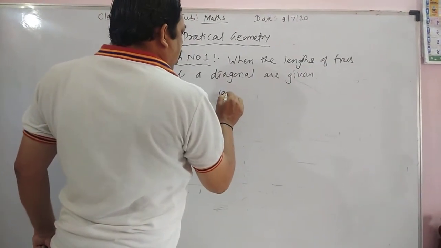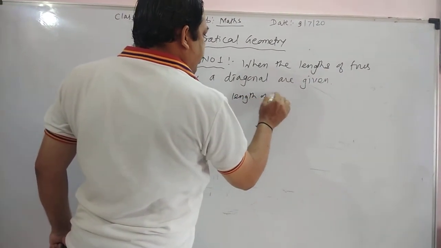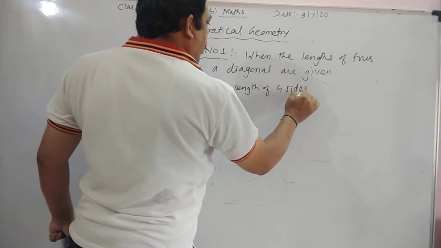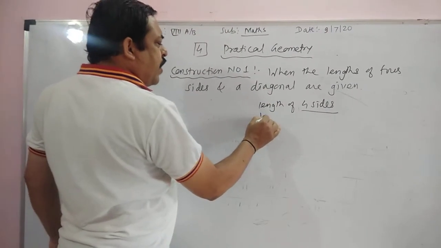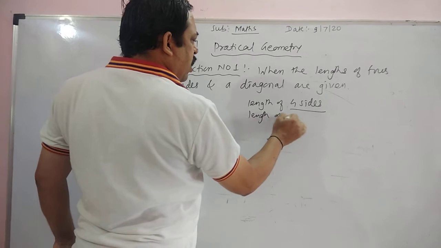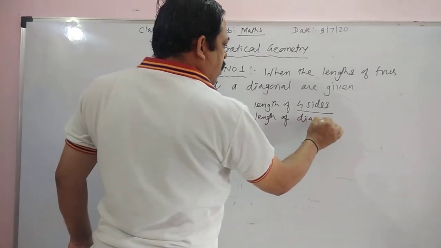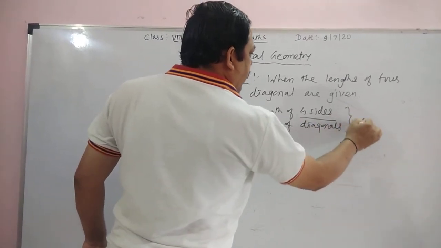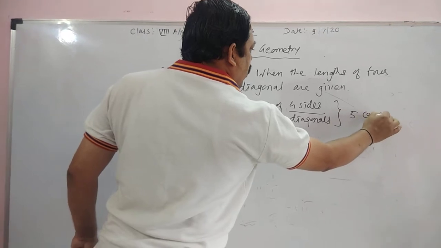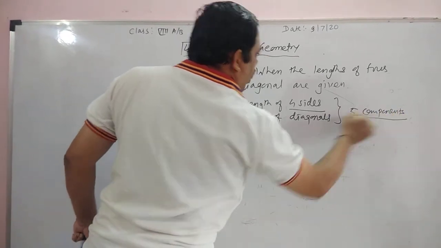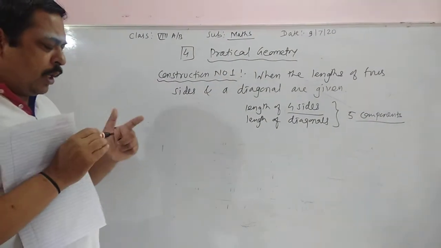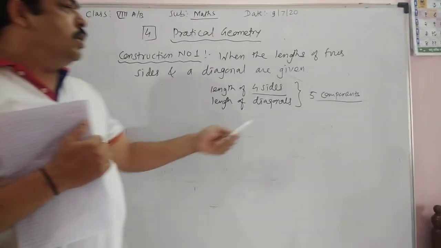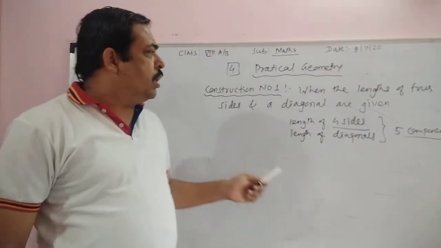Length of 4 sides and length of diagonal means how many components we must know? 5 components of that quadrilateral. If we know, then we can draw the quadrilateral.